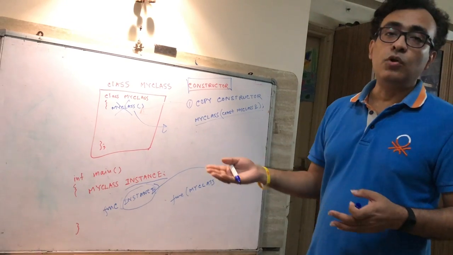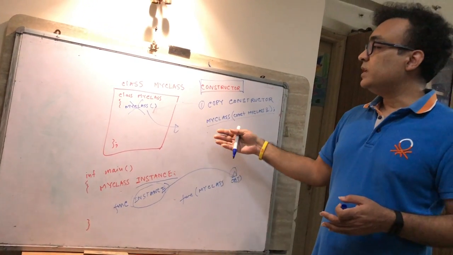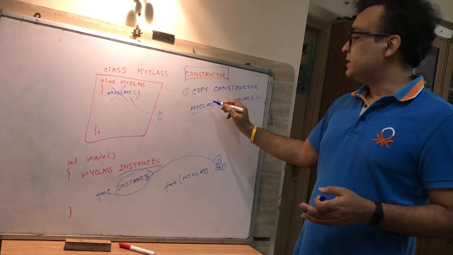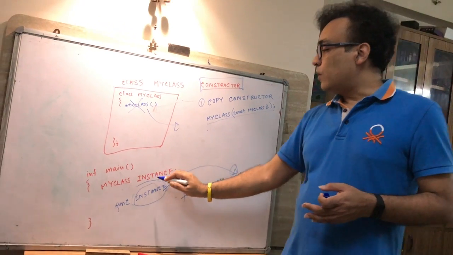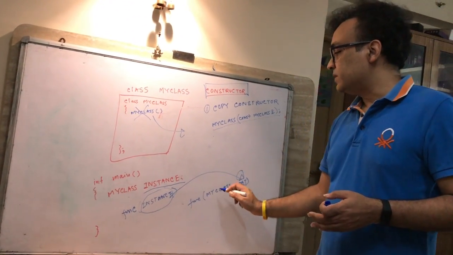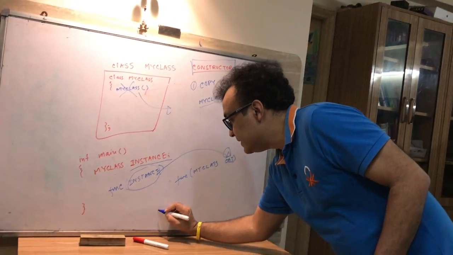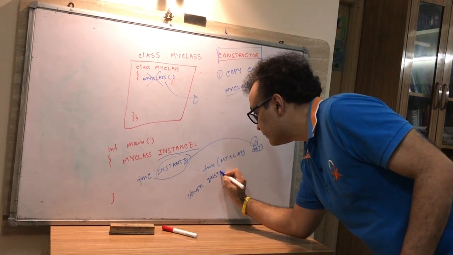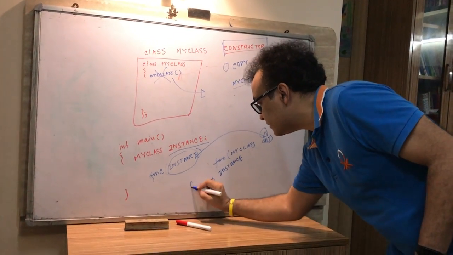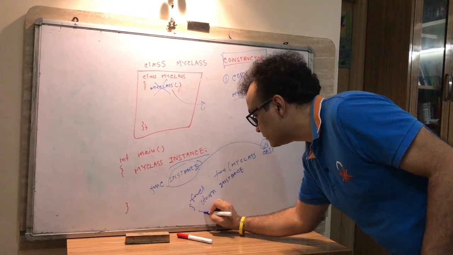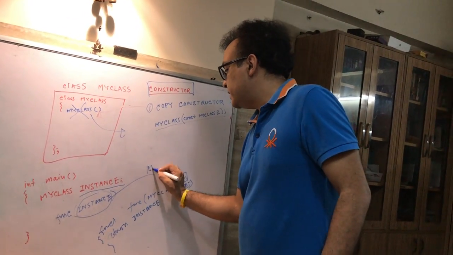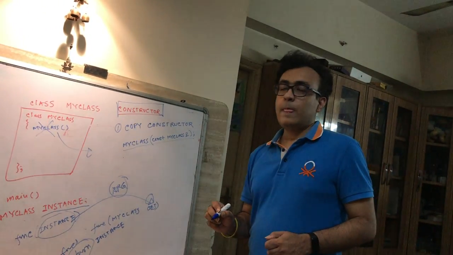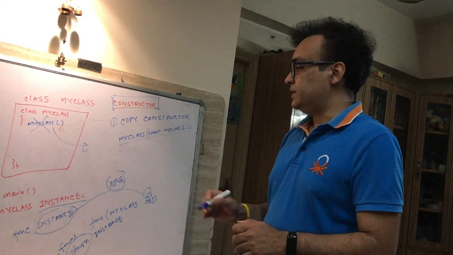Maybe in another blog I will discuss what a shallow copy is and how to write this copy constructor, but for now it is enough to know that the copy constructor is called when the object is passed as an argument to a function or you return this object from any function. So either as an argument or as a return value. So this is the copy constructor.